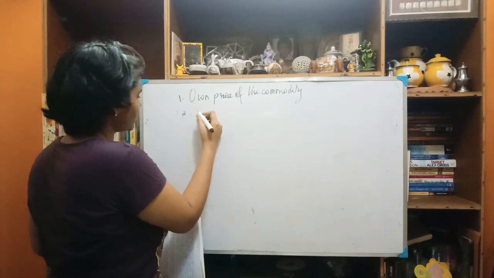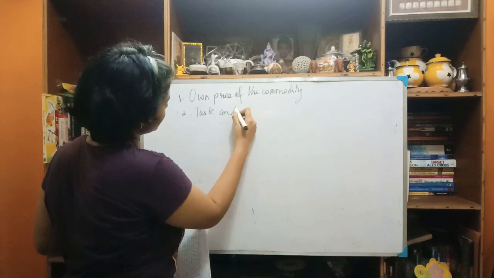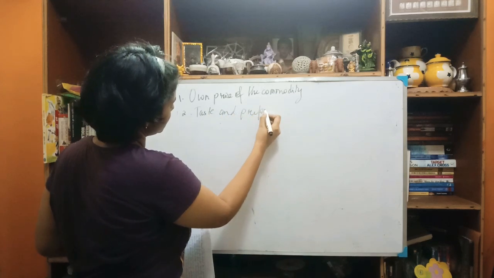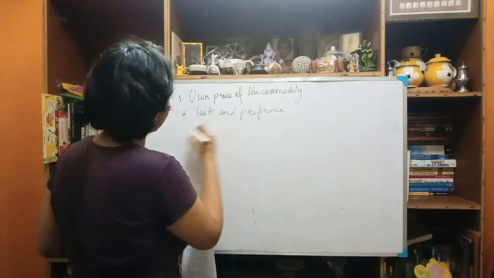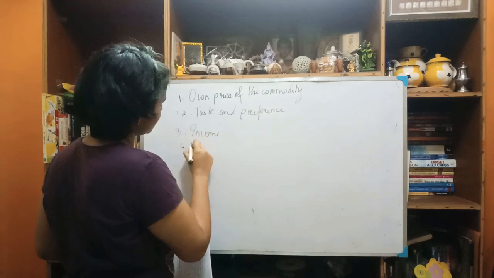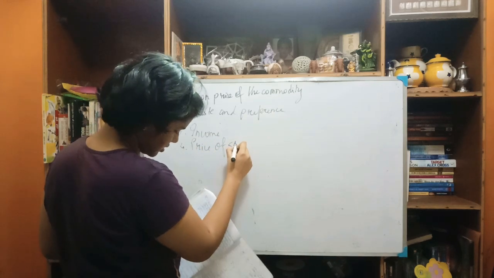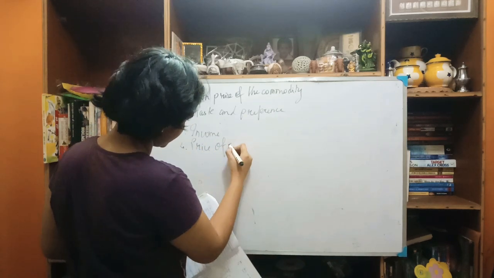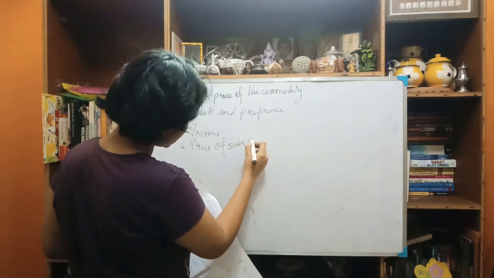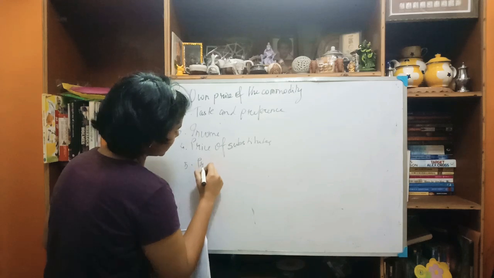This is taste and preference, income, price of substitutes, and number 5 is price expectation regarding future.